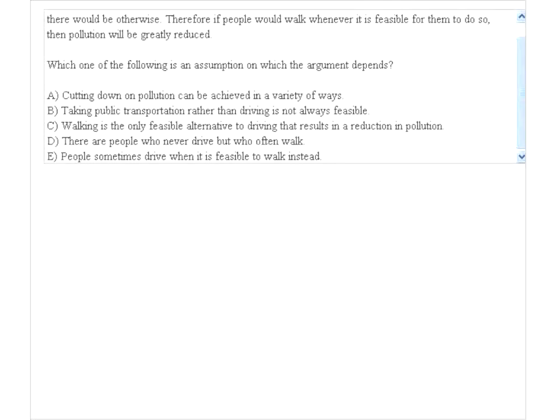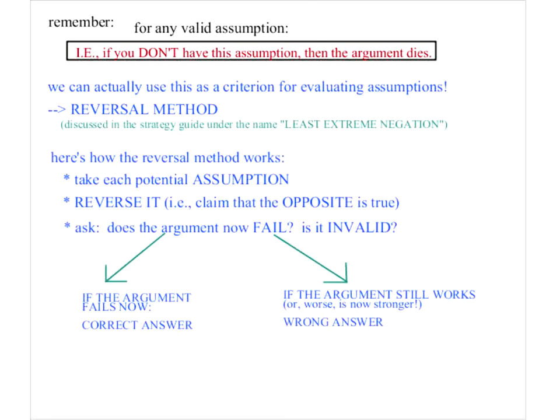And then let's use the reversal method on choices C versus E. And let's start with E. Remember how it works. You take your potential assumption, you reverse that assumption, and you ask yourself, does the argument now fail? Is the argument invalid?